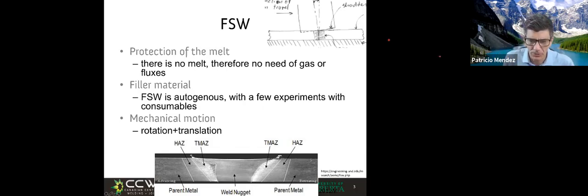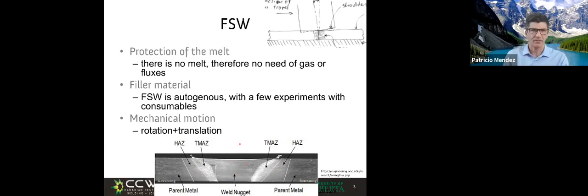This is called the retreating side. In this case, if the weld was moving into the screen, the right side was spinning into us, and the left side was spinning into the screen, even faster than the travel speed.